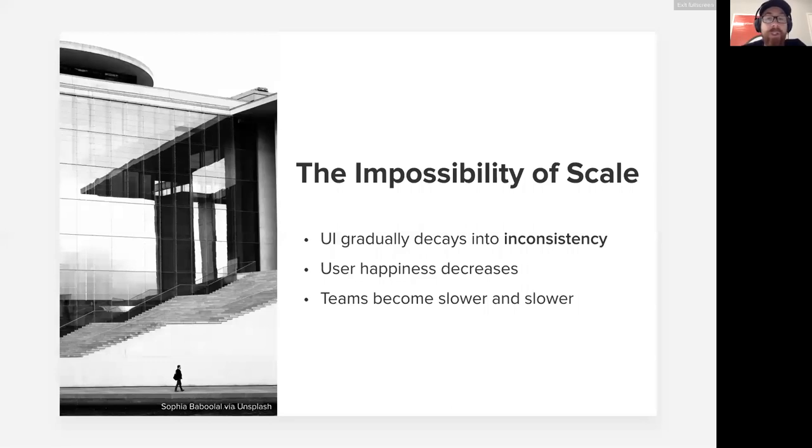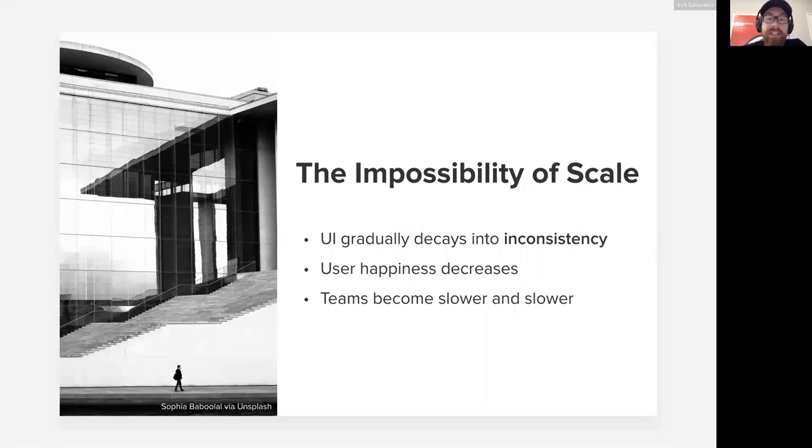Why? First of all, the UI, the user interface, gradually becomes more and more inconsistent with the addition of team members and the bigger load of projects. The more projects we take over, the more inconsistent the UI gradually becomes, right? With the growing inconsistency in the user interface, user happiness decreases.